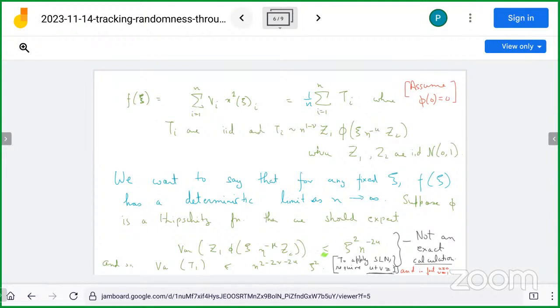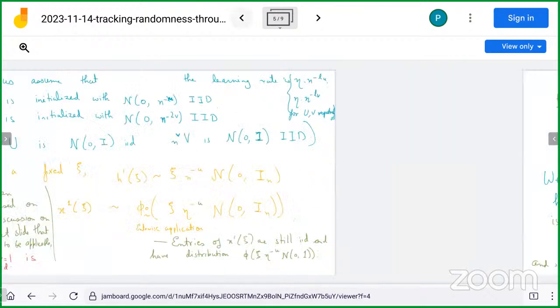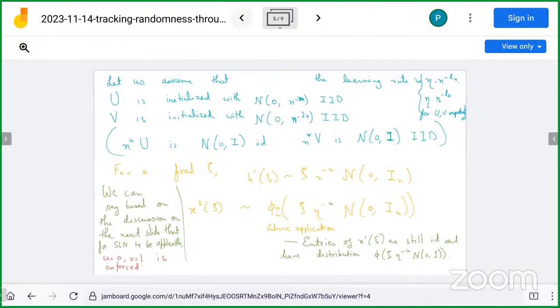But do we know the other things also? So let's go back here. With that, what can we say about this? H also is like the standard normal, scaled by Z, right? It's exactly a scaling of U, and X is also a standard normal, and you apply the same function on each coordinate, so it's again an IID vector.